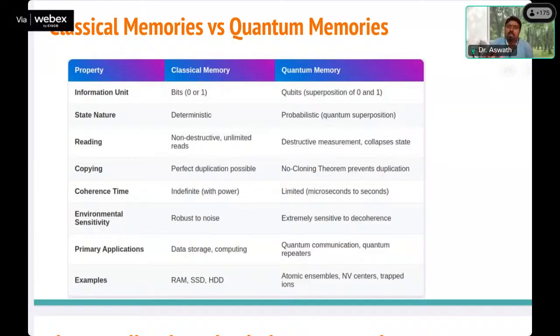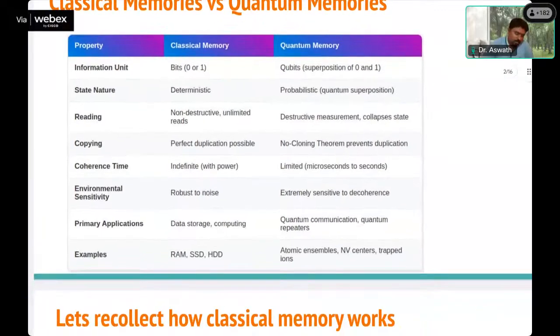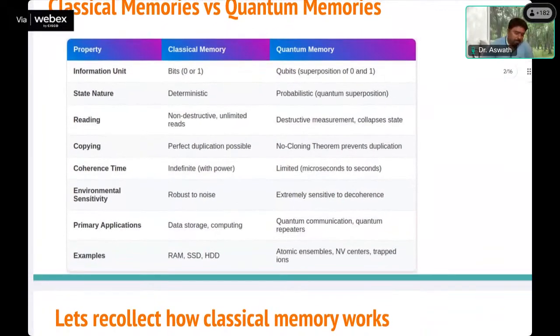For the time being, please assume that you do not have any idea what quantum memory is, and you have the idea how classical memory is realized and what it does. From there we will build. So I have here for you a chart where classical and quantum memory are compared from different contexts.